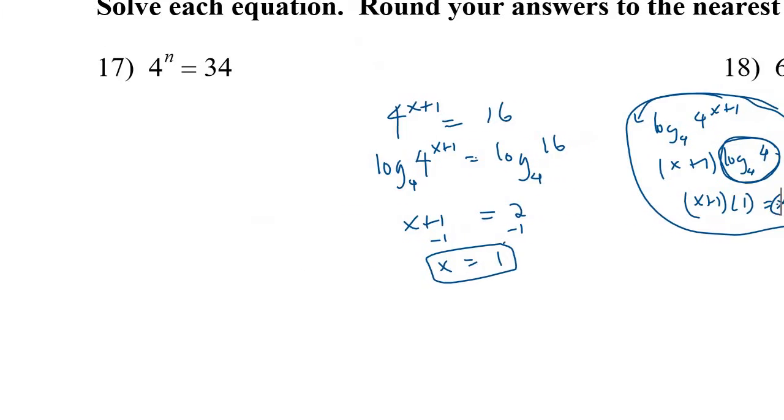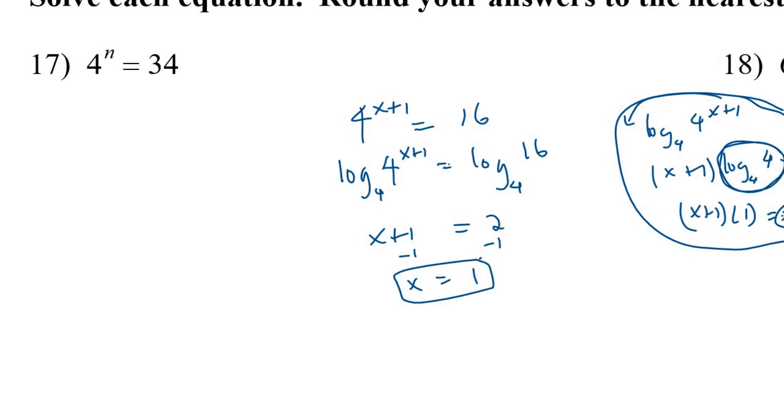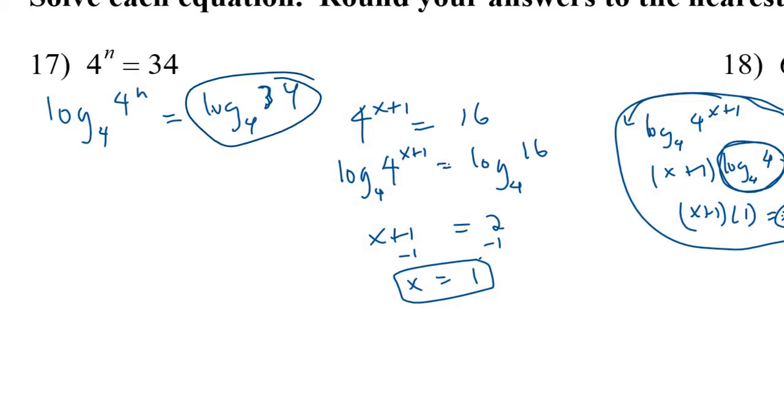What if I gave you 4 to the power of n equals 34? If I try to take logarithm of both sides, log base 4 for n, and then log base 4 of 34, I won't be able to evaluate the right side just like that, because 4 to what power makes 34?